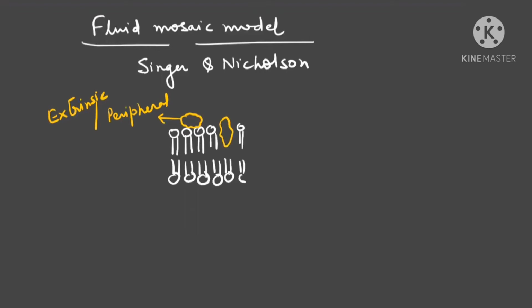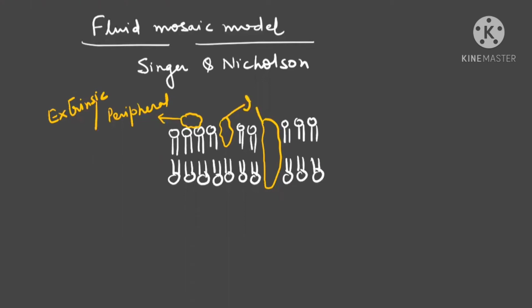Sometimes what happens, they are embedded through and through, making a transmembrane protein. Both are integral. So integral proteins can be half embedded or fully embedded. When they are fully embedded, we call it a transmembrane protein. So these two are both integral proteins.